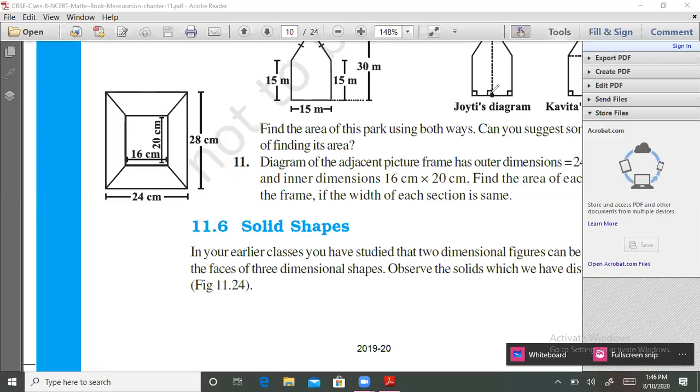Now we will find out area. Let's find out area of one. It's trapezium. You can take this as 1. This is height 4. This parallel side's 24, this parallel side 16. Let's find out area.